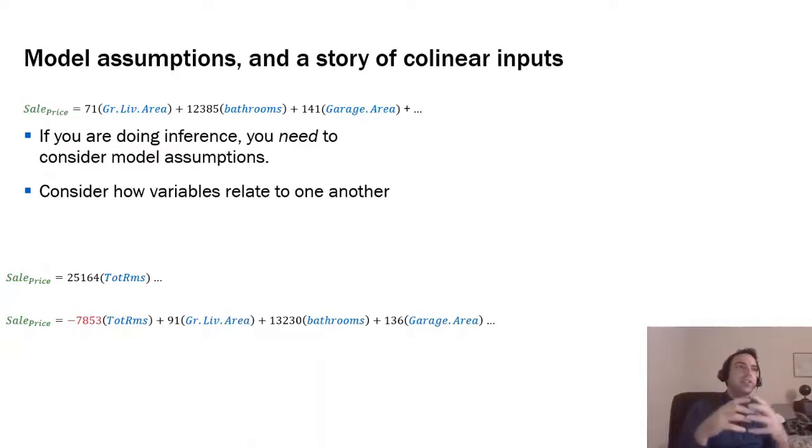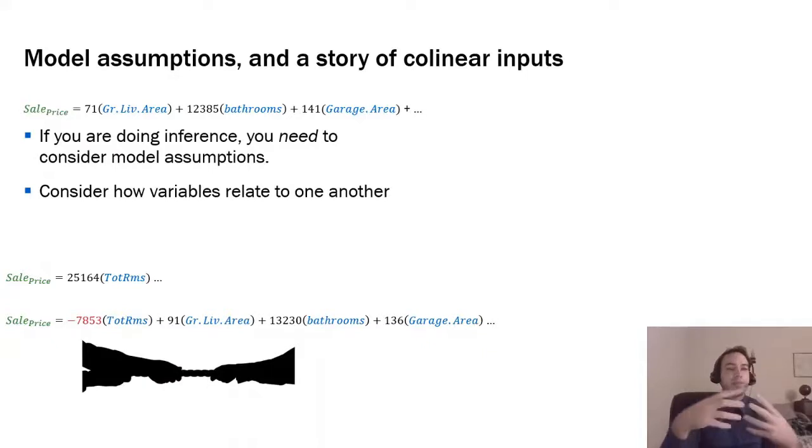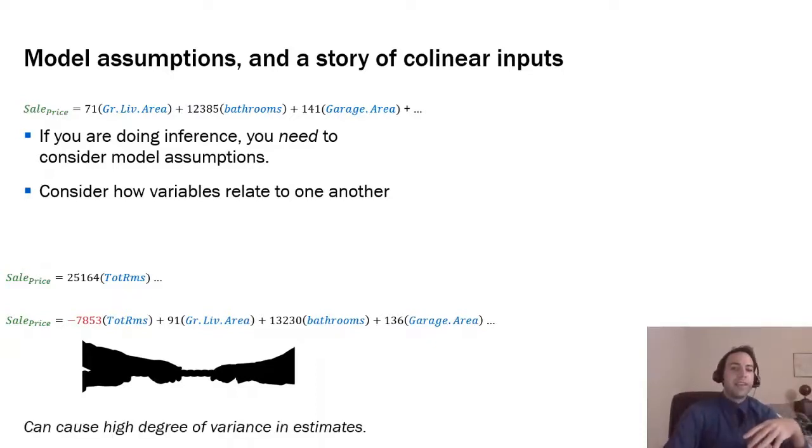When you have this case, there's sometimes a general effect going on, and the coefficient estimates themselves, it's almost like a tug of war in terms of vying for influence. When you have lots of highly related variables that this is going on with, it can create high degrees of variance in your estimates, which just means that slight changes in your underlying data can lead to big changes in your parameter estimates. You may shift the data a little bit, and then suddenly your coefficients look way different, which, if you care about your coefficient estimates, which we do in this context, you need to be thoughtful of.